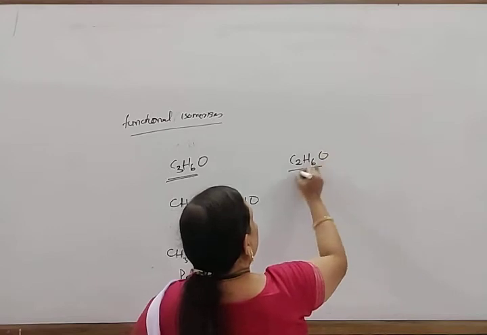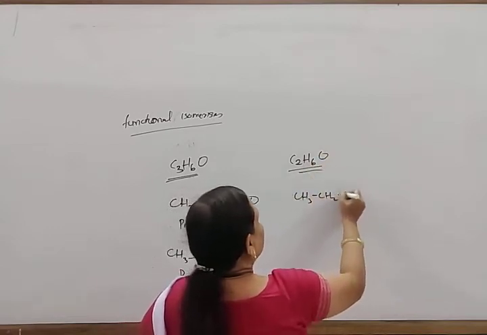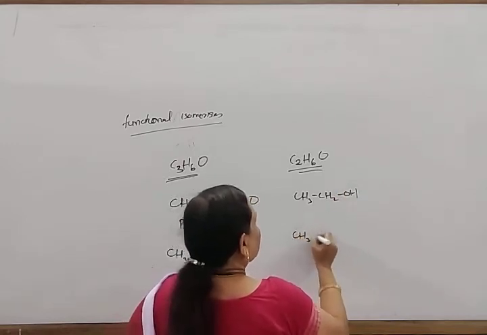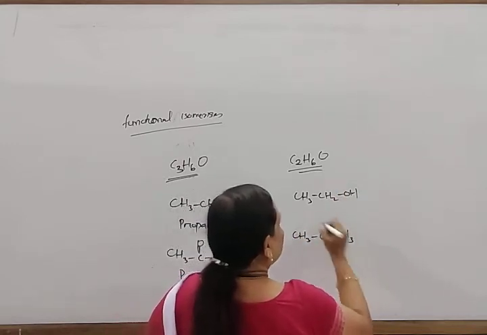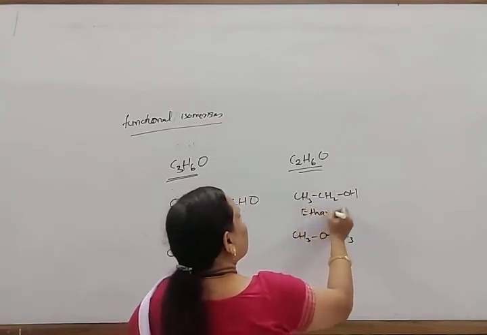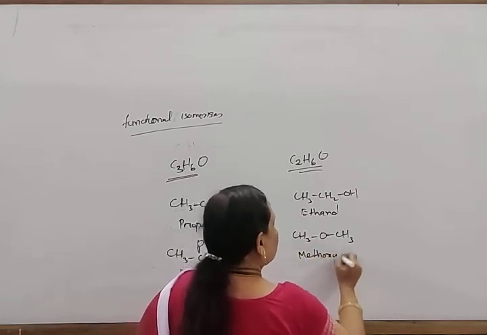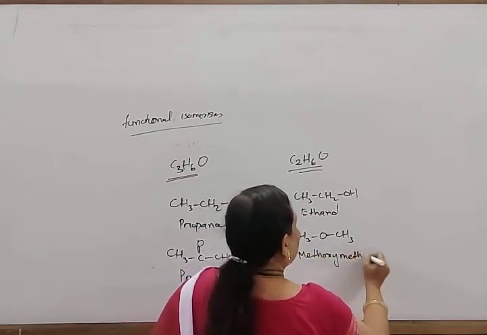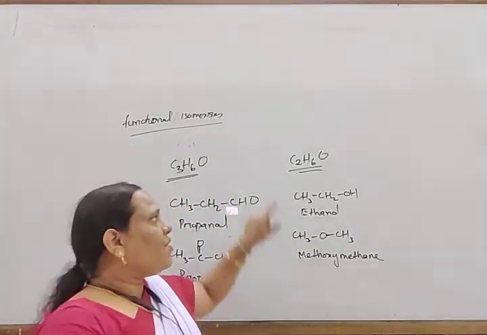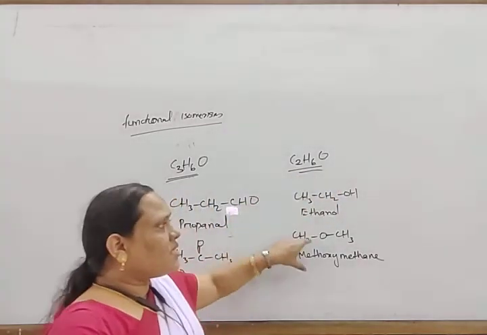Another, look here: C2H6O. That also represents two compounds, CH3CH2OH and another compound CH3OCH3. So what is this? This is ethanol, and this is an ether, that is methoxymethane. So ethanol and methoxymethane have the same molecular formula C2H6O but represent two compounds.